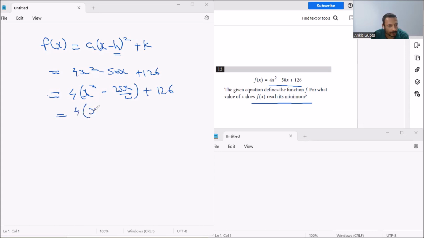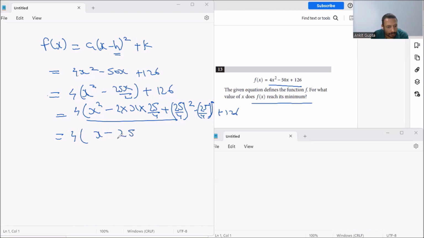So 4 times (x squared minus 2 into x into 25 by 4, so that we get 25x by 2 as the middle term, plus (25 by 4) whole squared minus (25 by 4) whole squared) plus 126, right? So now this term will become 4 times (x minus 25 by 4) whole squared.